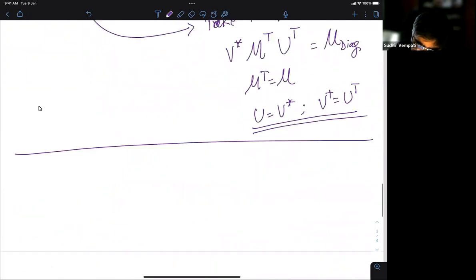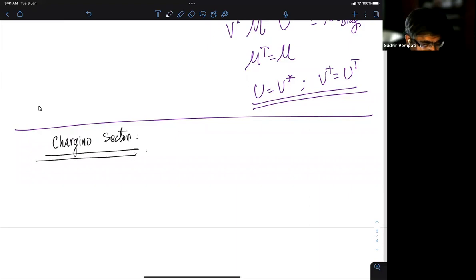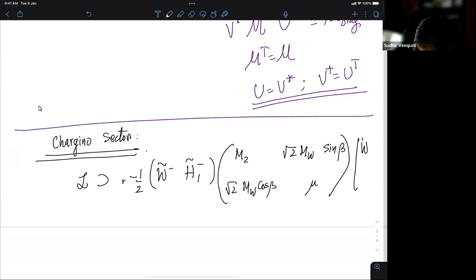Now we come to the charginos sector. Here the mass matrix is given by: minus i W tilde, H1 tilde, with entries M2, root 2 MW sine beta, root 2 MW cos beta, and mu, acting on W tilde plus and H2 tilde plus.